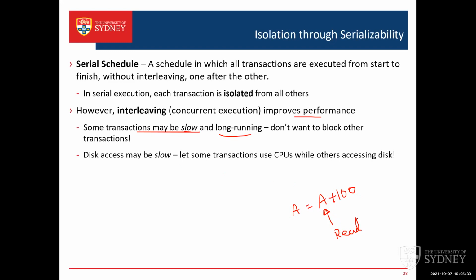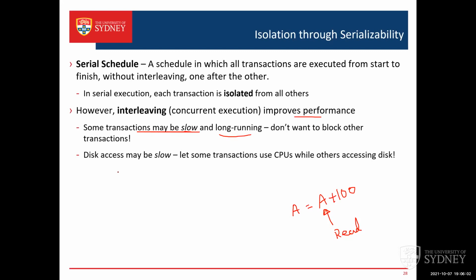CPU is waiting for the read to complete. Disk goes to the database, finds the appropriate table, checks all the conditions, figures out the data, then transfers that data from hard disk to main memory. Then CPU has access to that one. Then CPU can perform some operations. But in the meantime, when all of this reading is happening, CPU is sitting idle.